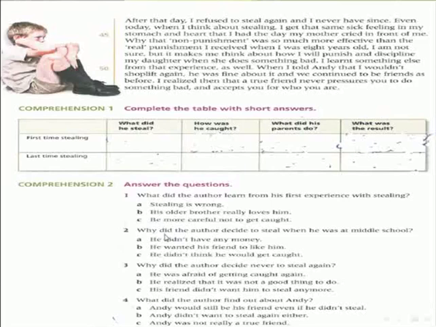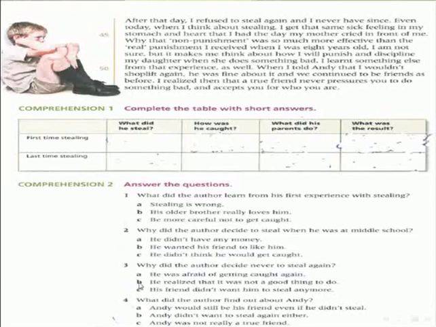2, why did the author decide to steal when he was at middle school? Is it A, B, or C? Actually, it's B. He wanted his friend to like him. 3, why did the author decide never to steal again?